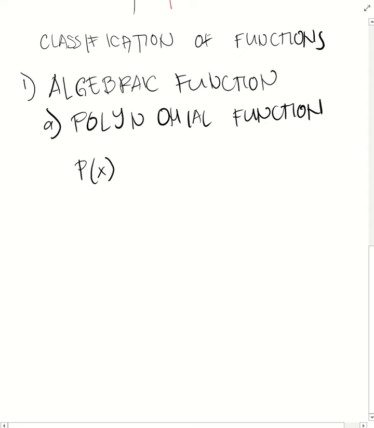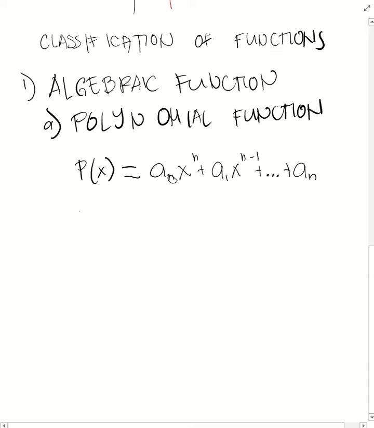This means this is a function that's a polynomial, and it is denoted in the form a_n x raised to n, plus a_1 x raised to n minus 1, plus dot dot dot, up to the constant a_0. So this is the general form of a polynomial, and we can also divide polynomial functions into different categories using this general form.